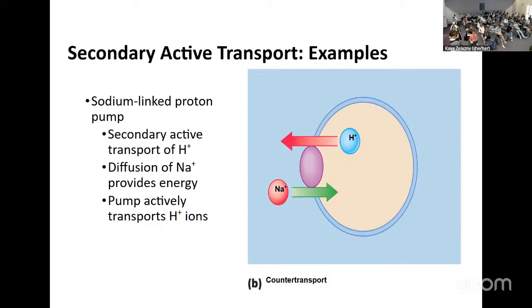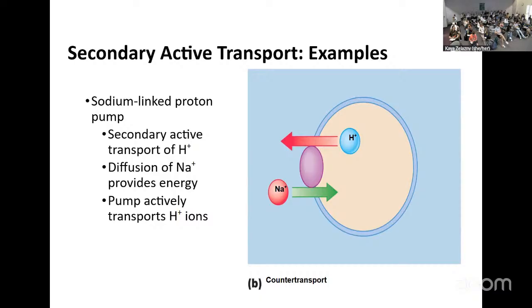So in this case, you can tell because of the figure from our book that that green arrow with the sodium indicates that that's going in the direction sodium wants to go. So we can see that those hydrogen ions with their red arrow, hydrogen is going in a direction that's against its concentration gradient, or now we know, against its electrochemical driving force.